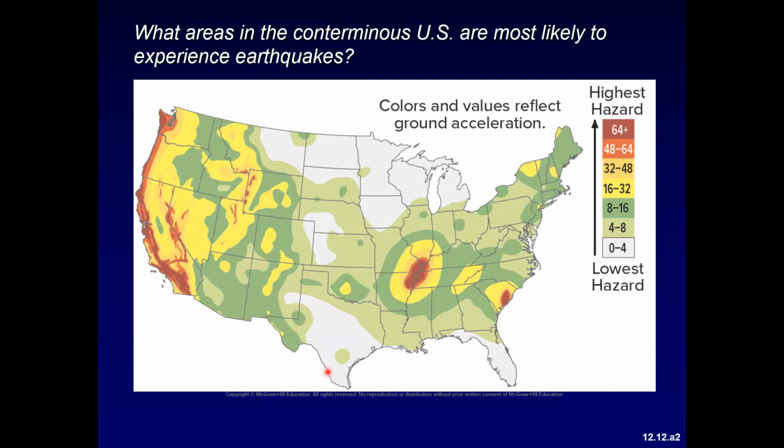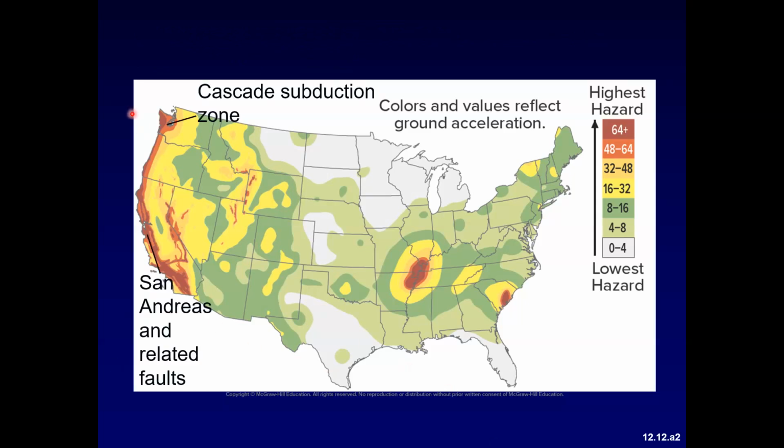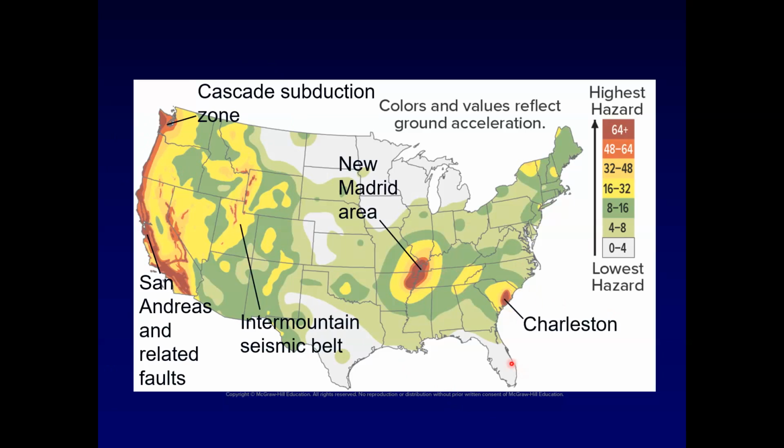In the western U.S., of course, the San Andreas Fault is a risky place to live. The Intermountain Seismic Belt from Utah through the Yellowstone region is pretty active. And the Cascade Subduction Zone as well. These areas have moderate sized earthquakes due to movement on these old faults.